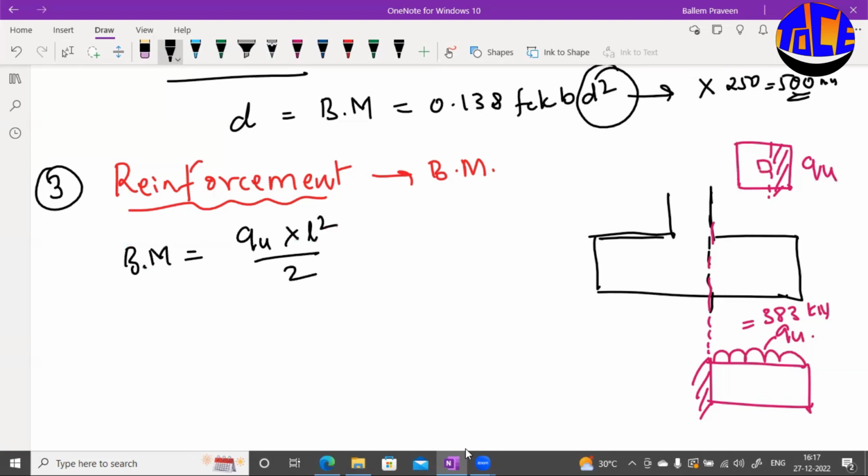So it will be WL square by 2, right? Here this is your L. How can you calculate this L? From the total B, if you subtract the column width, you are left with only the projecting width of the footing, and you take half of that.